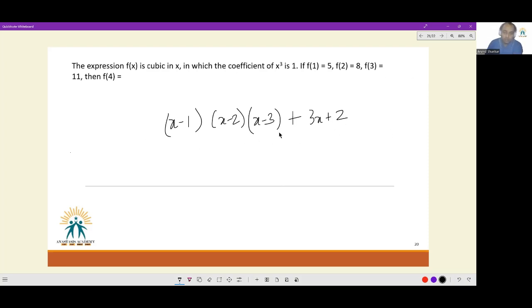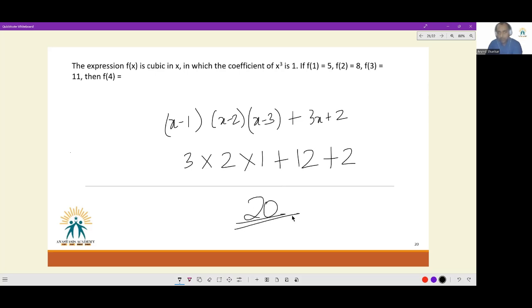This is the general form of the expression. The detailed explanation is present in the first question. You can go back and look at that. From this, if you're looking at f(4), we will get 3 into 2 into 1 plus 12 plus 2. Altogether, it will add up to 20, which should be the final answer.